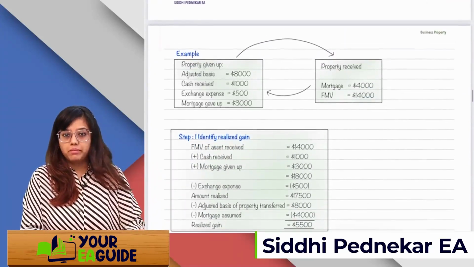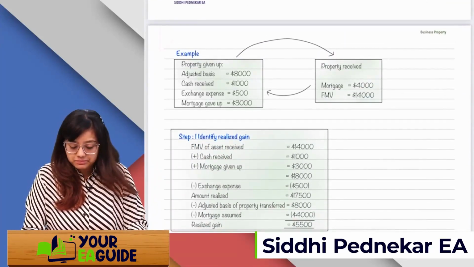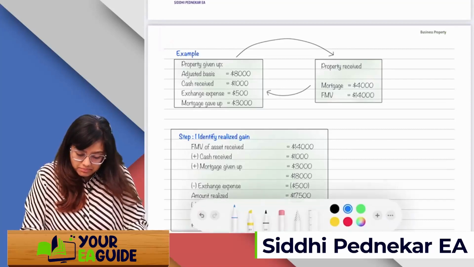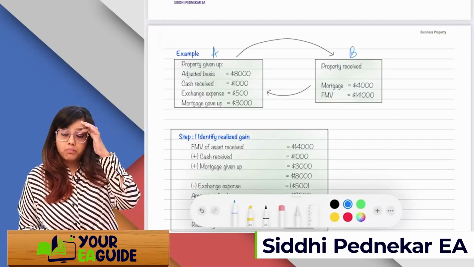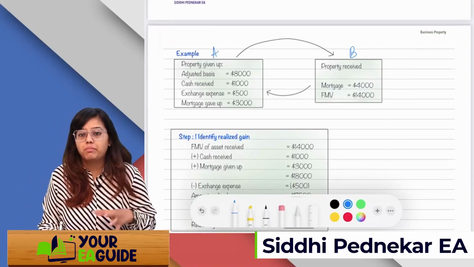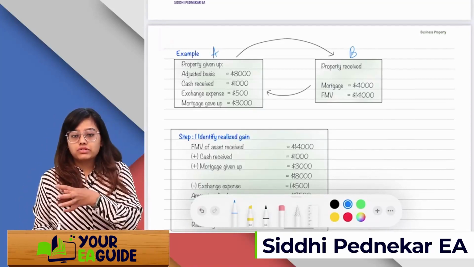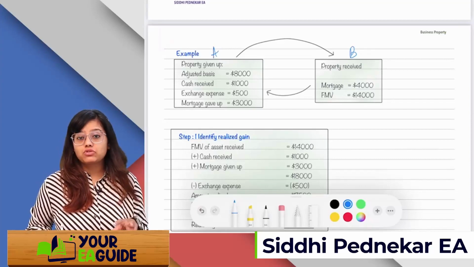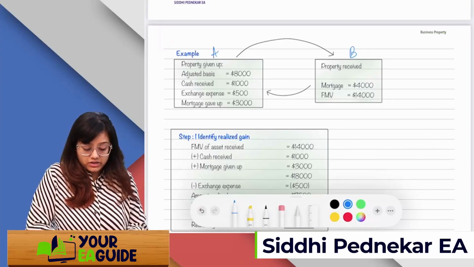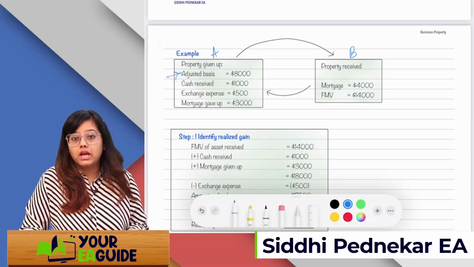It's easy to remember. Let's say, for example, person A is there and person B is there. Now person A is giving up some properties and going to receive some properties. The properties he is going to give up have an adjusted basis of, say, 8,000.